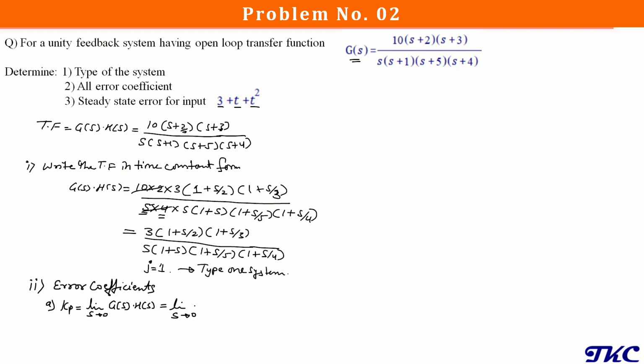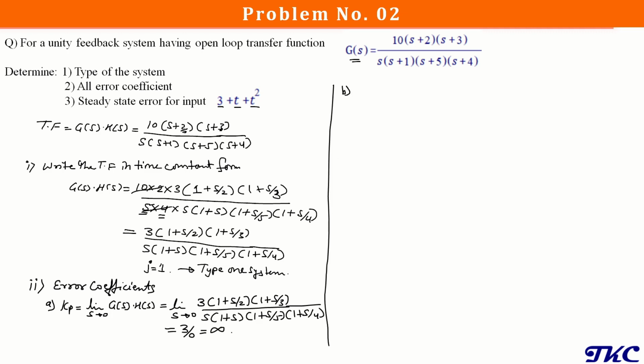Limit s tends to 0 of 3(1 + s/2)(1 + s/3) divided by s(1 + s)(1 + s/5)(1 + s/4). When we take the limit s tends to 0, all the brackets will contribute 1, but because of this s in the denominator, which is going to be 0, the Kp value will become 3 by 0, and that is infinity.